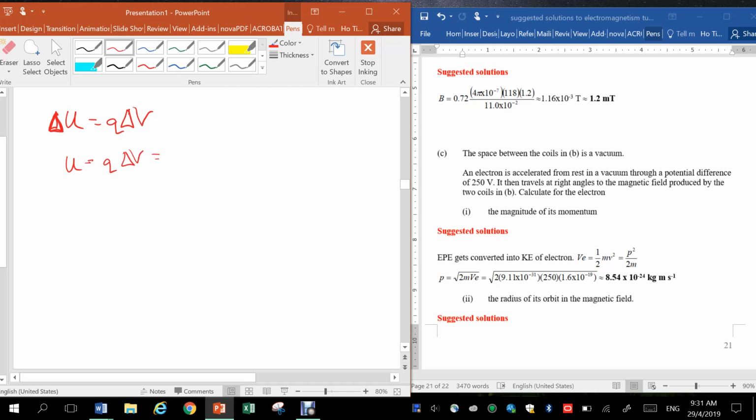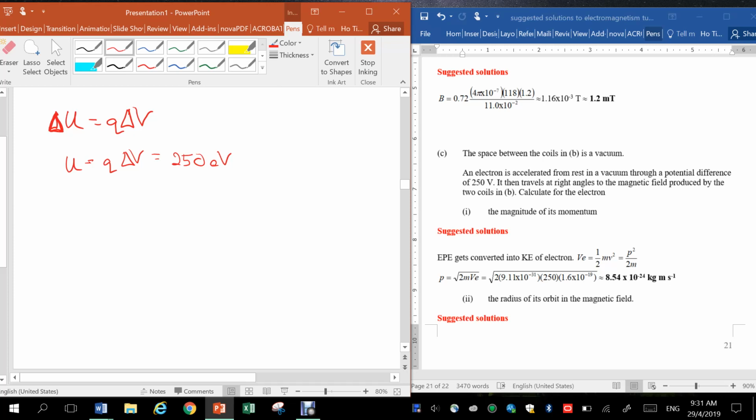We know that this is 250 eV. Not that difficult. It travels at right angles to the magnetic field produced by the two coils. Calculate for the electron the magnitude of its momentum.